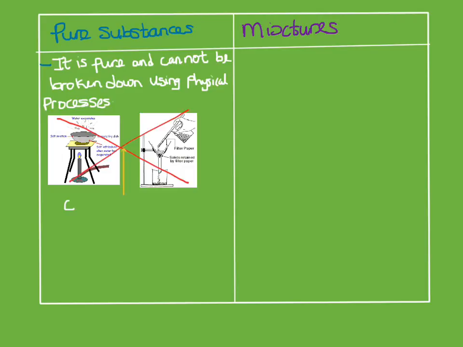So these processes cannot be used to break down pure substances. Example, we have the element carbon. In this element carbon, we have atoms.